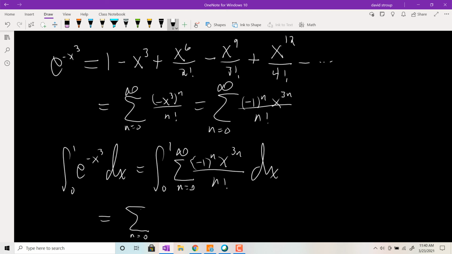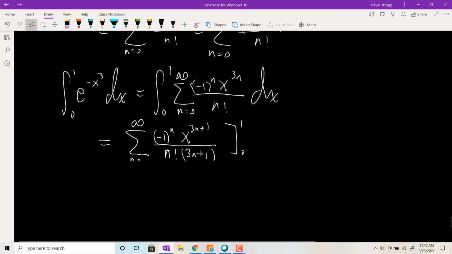But anyways, this will be a sum to infinity. Maybe I shouldn't put the lower limit in yet. So this will be negative 1 to the n, and you're taking the integral of x to the 3n, right? So it'll be x to the 3n plus 1 all over, let's put the n factorial first, n factorial times 3n plus 1, evaluated from 0 to 1.